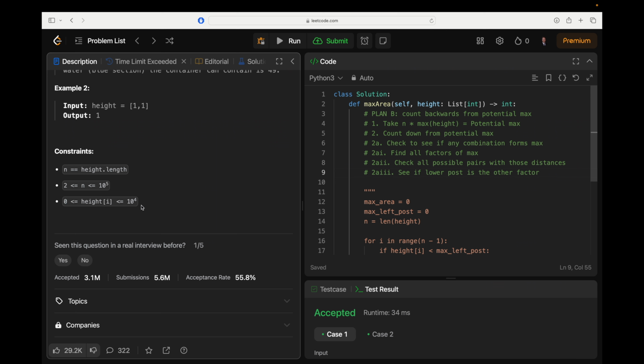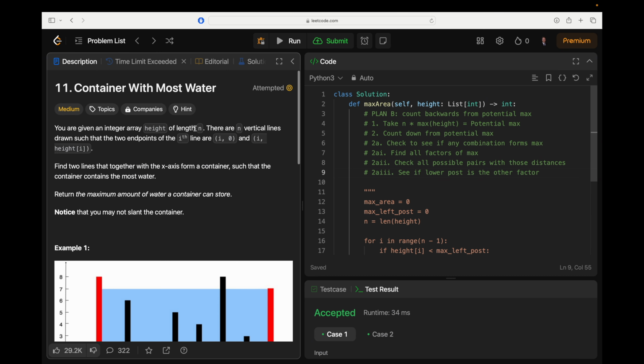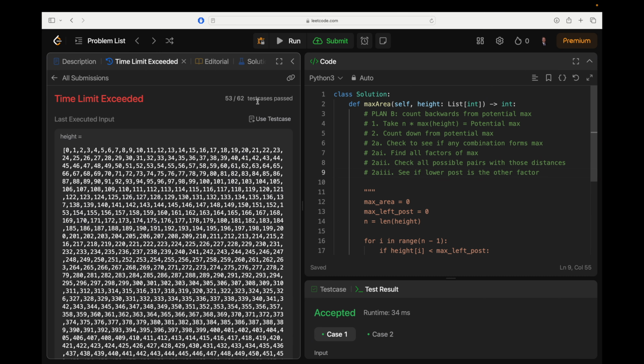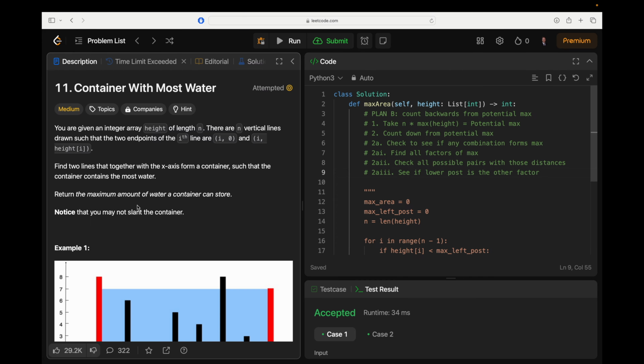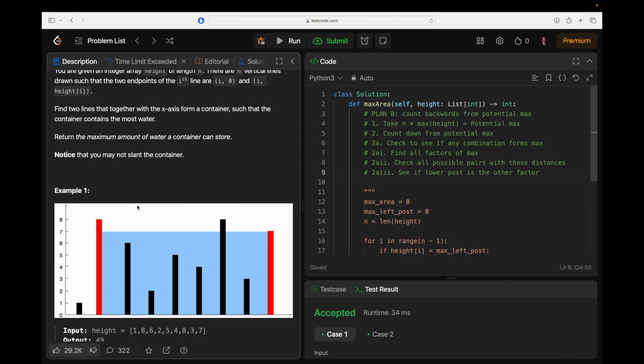So you could have a really long array of really short posts with 2 that are really tall. And there probably is one of those.